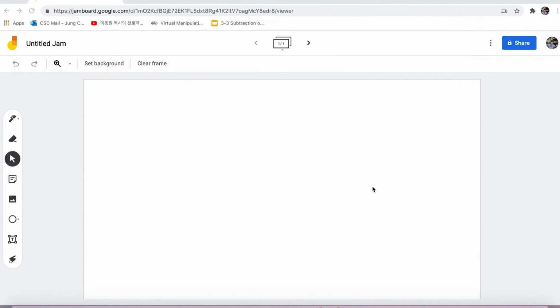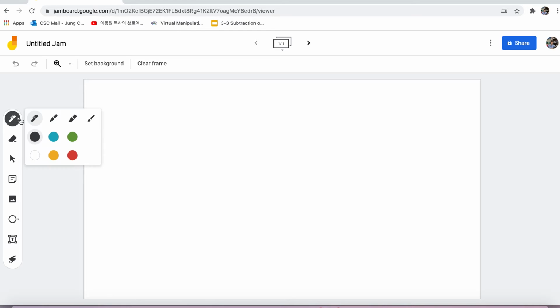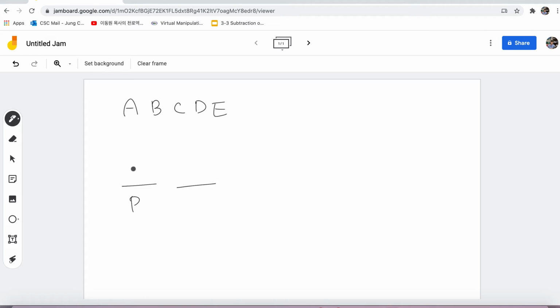So we can think about there are 5 people. Let's suppose A, B, C, D, E are the members. For president, you can have 5 options, right? A can be the president, B can be, C can be, D can be, E can be the president. So there are 5 different options.